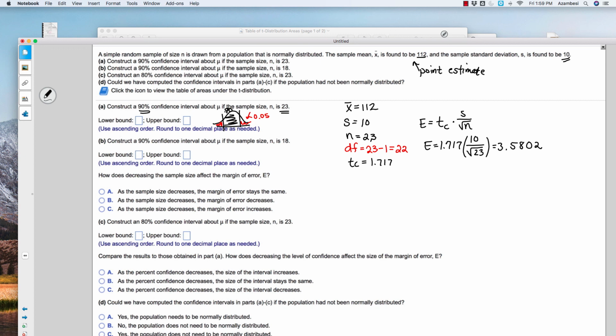Now our mean is 112. They want us to round to one decimal place when we're done, but our mean is 112. So our confidence interval is going to be constructed as x bar minus E and x bar plus E. We're going to take the mean and add and subtract our margin of error.